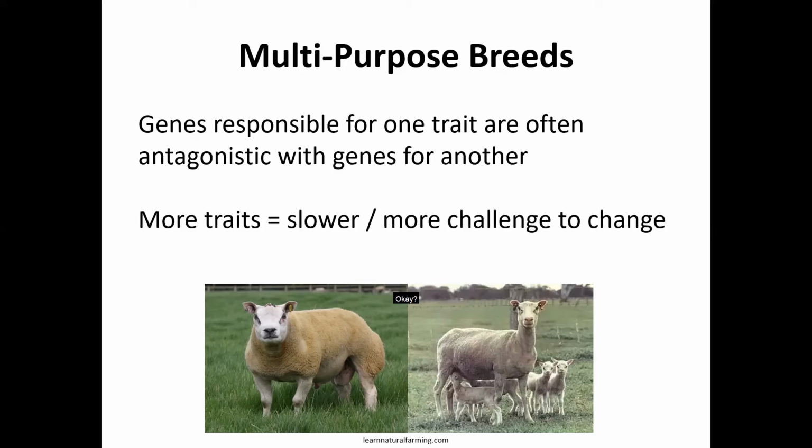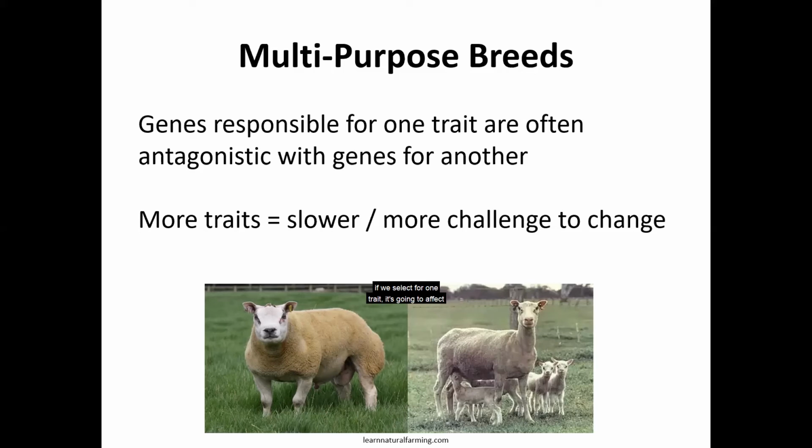So the more traits that we're selecting for within a breed, the slower or the more challenging it's going to be to make genetic change. Okay. And again, this is why we have beef versus dairy cattle, broilers versus layers, terminal versus maternal swine, because of those genetic antagonisms. I'm not going to say that multi-purpose breeds don't have a place, but we need to recognize that that's going to affect the rate of change that we can reasonably expect.